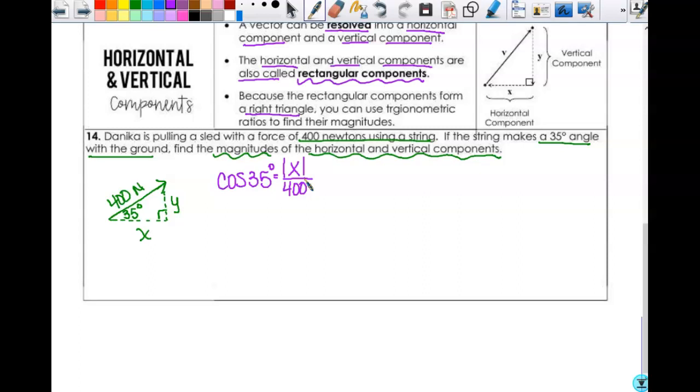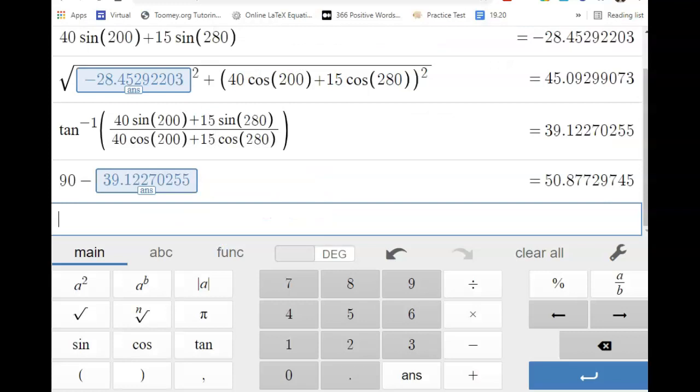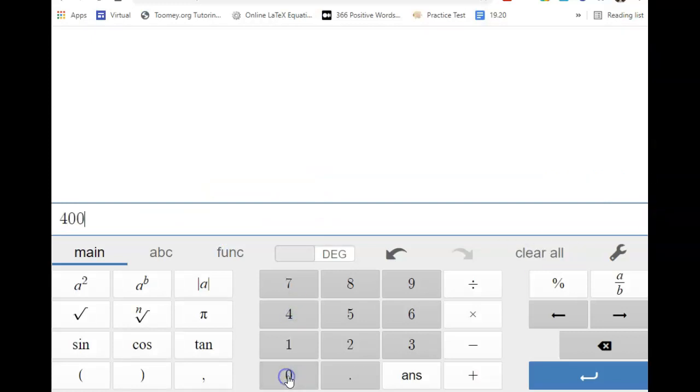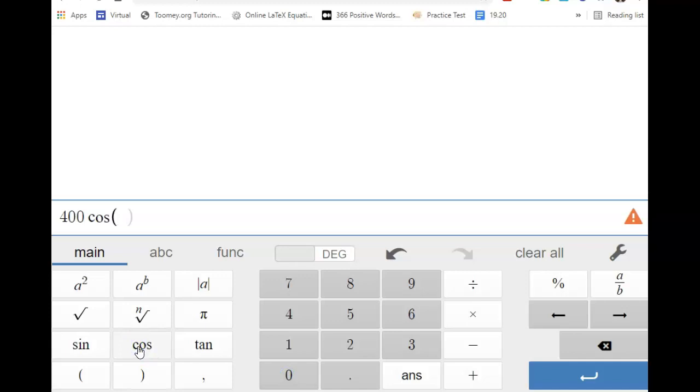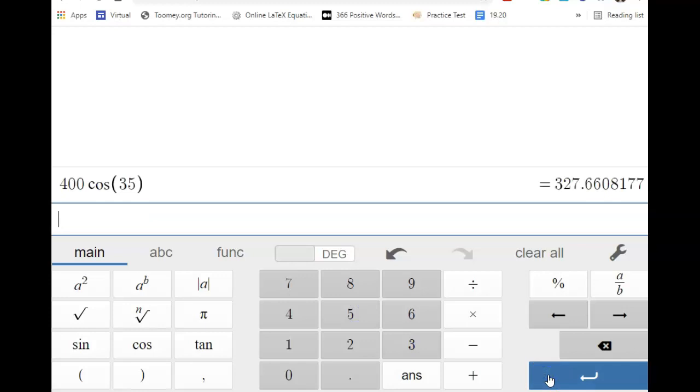But when I multiply, then I'm going to get 400 times the cosine of 35 equals the absolute value of x. This is your mg cosine theta, right? Just like you've been doing in physics if you're in physics. So then I get that the absolute value of x, I go to my calculator and type that in, 400 times the cosine of 35, you get 327.661.